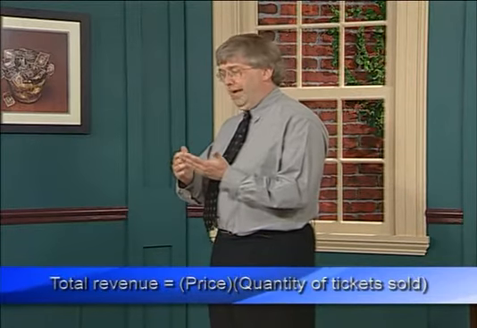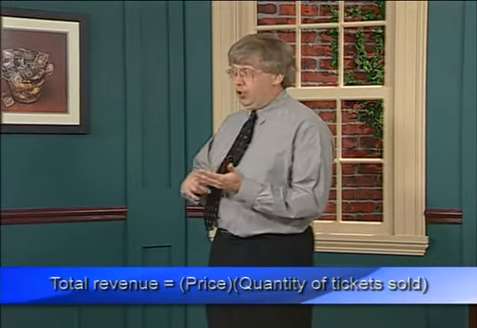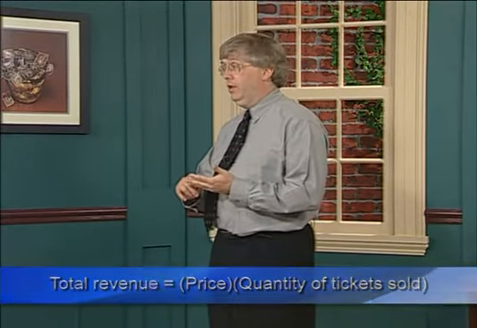Now, total revenue for the band will be the price times the quantity of tickets sold. Imagine the band starts thinking about this problem in concrete terms. It sets a certain price, and it expects that that price will result in the sale of a certain quantity of tickets. Imagine the band is only moderately popular, so it's not just going to sell out no matter what happens.